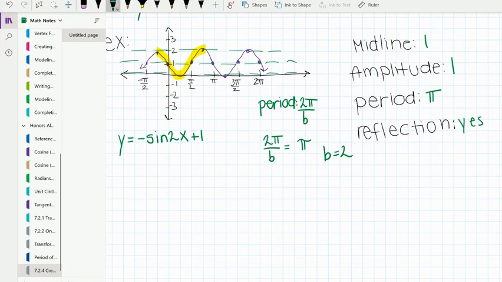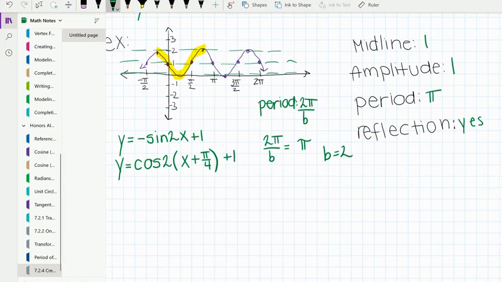So to write this equation, we would do y equals, it's a positive cosine. It still has a b value of 2, but what's happened is it's shifted to the left by pi over 4. So we're going to do x plus pi over 4, and then it still has our midline of 1.